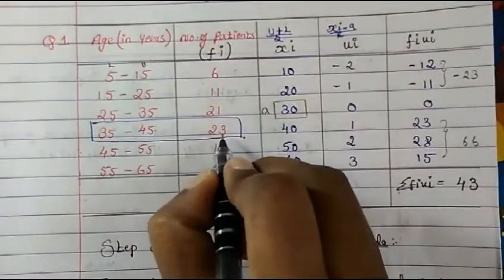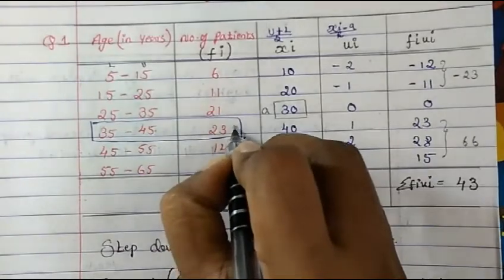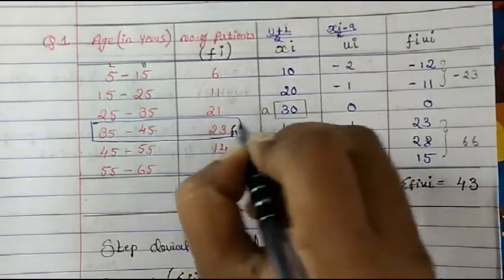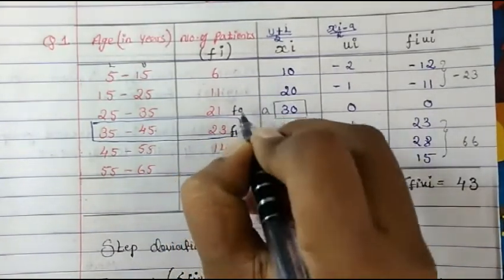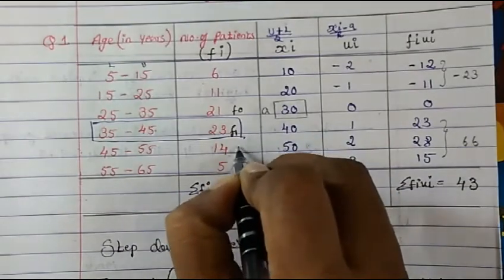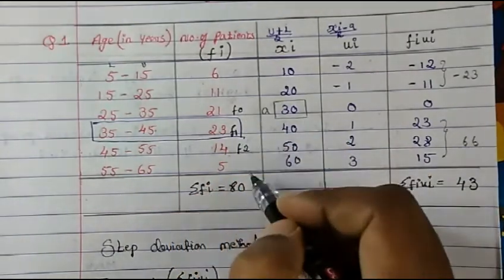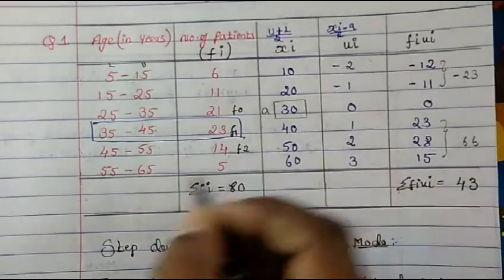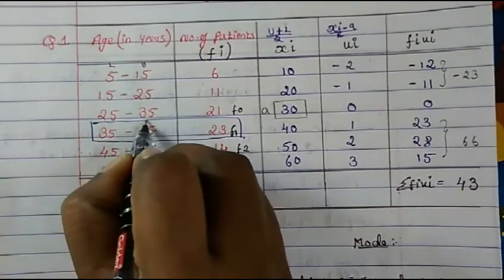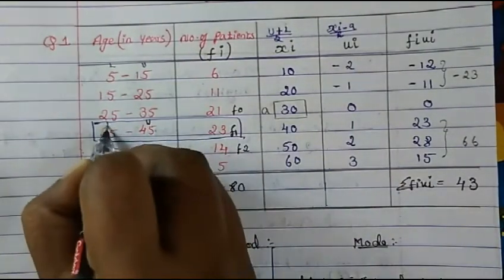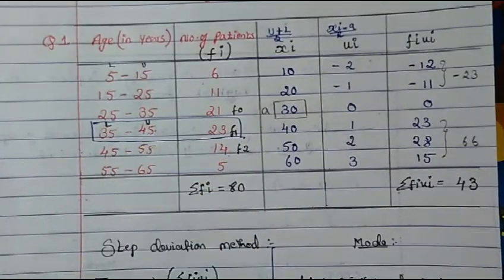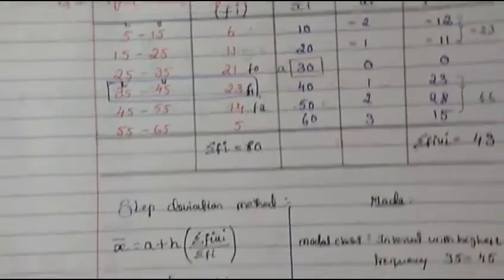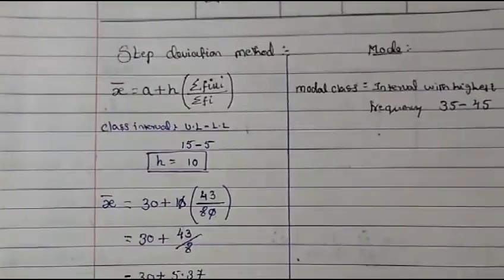So what is the highest frequency? That becomes your F1, and above one will become F0 and below one will become F2. This you have to remember because that's the formula we have. And here you know this is your upper limit and this is your lower limit. So this much you mark and keep it. Then now write the formula.